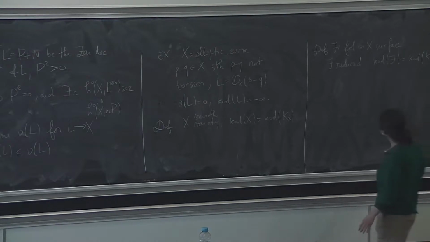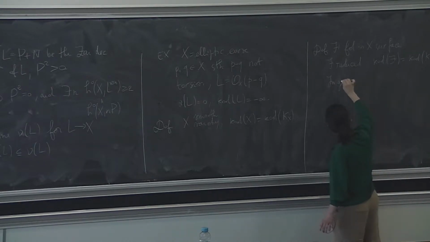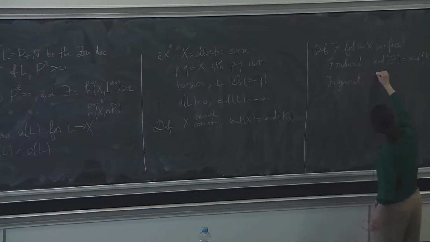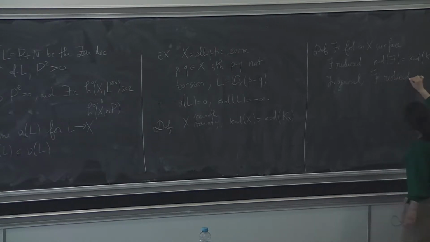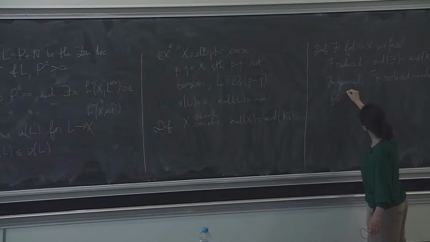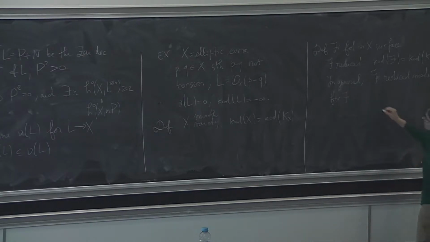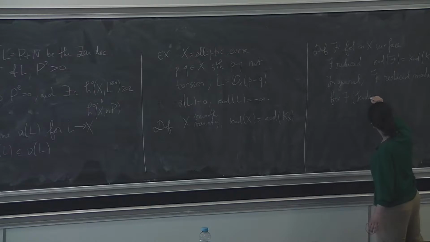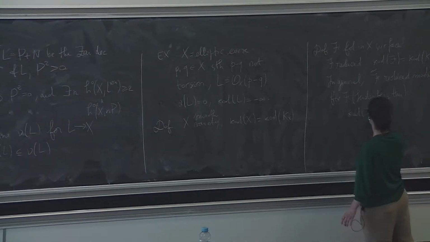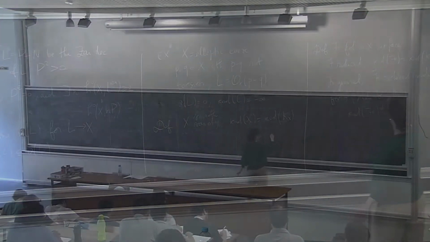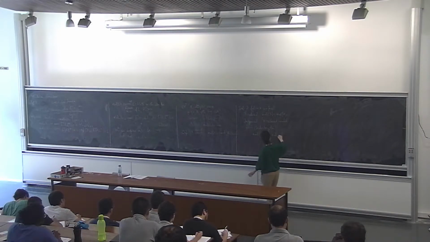And in general, we consider F tilde, a reduced model given by the Seidenberg theorem. And the Kodaira dimension of F is defined as the Kodaira dimension of the canonical bundle of F tilde.